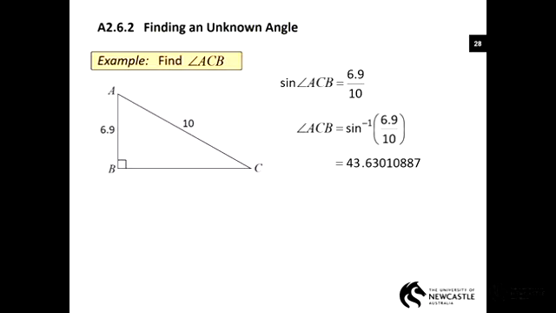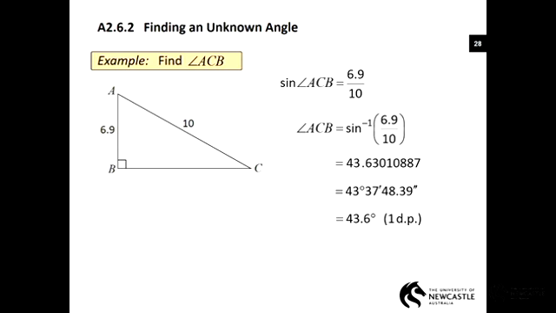Let's go back to here. So it spat that out on the screen. Now, with angles, sometimes it'll say give it to the nearest degree, give it to the nearest minute, give it to the nearest second. If it doesn't state what to do, let's just make it easy on ourselves. I could press the degrees minutes button, and it'll show me in that way, and I could round that if I wanted.